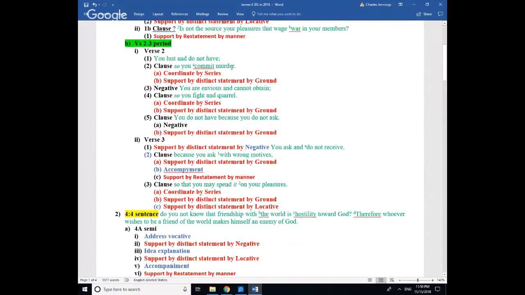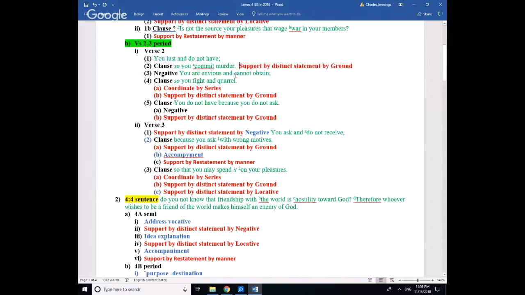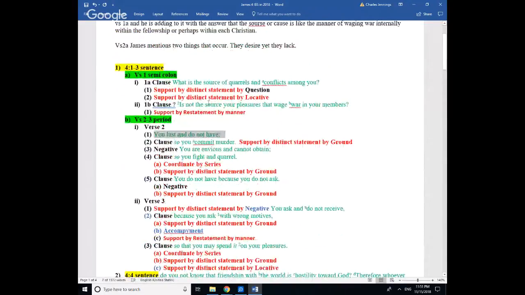So you commit murder. So what this is saying is that if we make the decision this is not a series, then there's a distinct statement being said here, right? I mean, he already said they have desires and pleasures right here. So the word lust, I mean, they already have desire and pleasures.